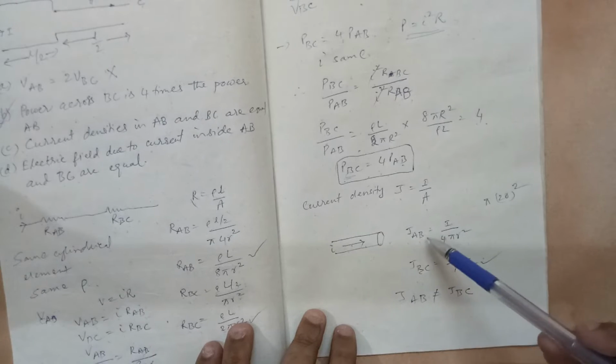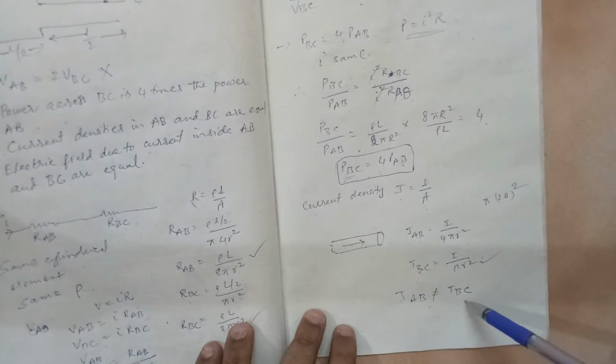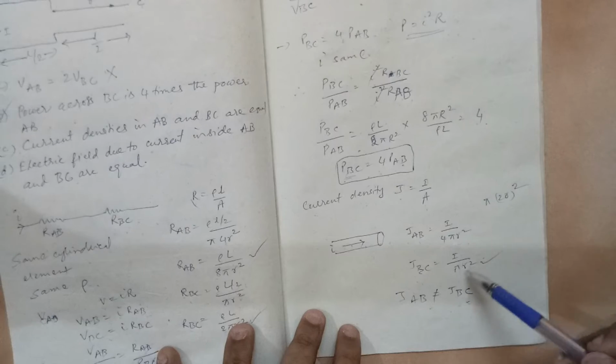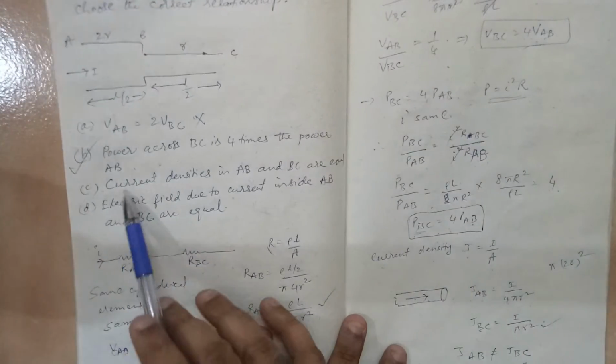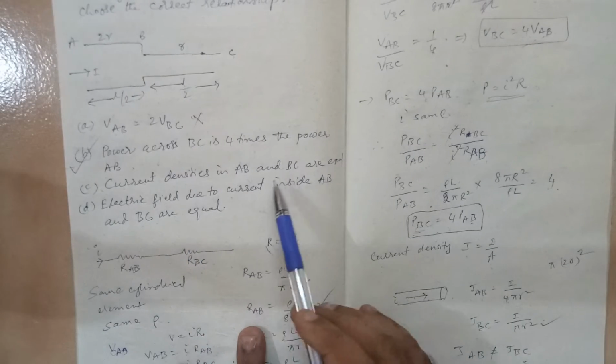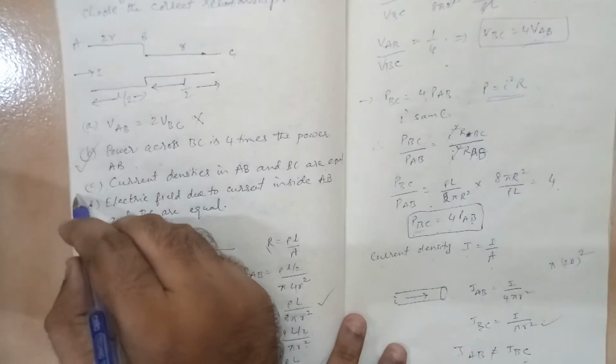You can see here that JAB is not equal to JBC. There is a divided by 4, but the option says that current density in AB and BC are equal, so this option is wrong.